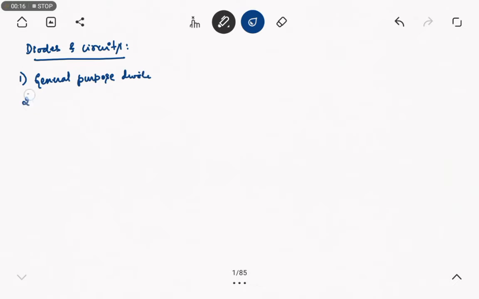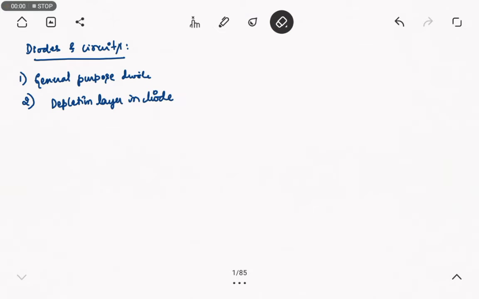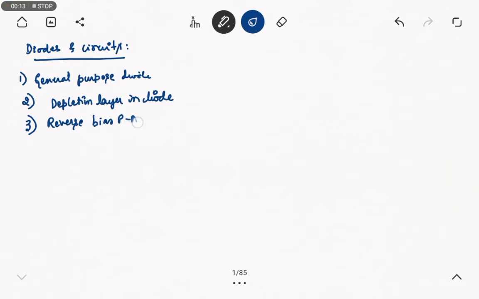Second will be depletion layer in diode. Third topic will be reverse bias PN junction.